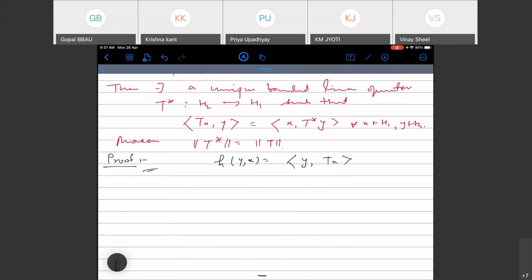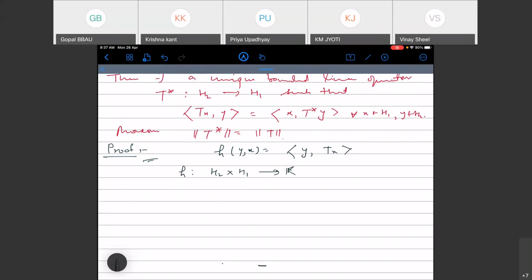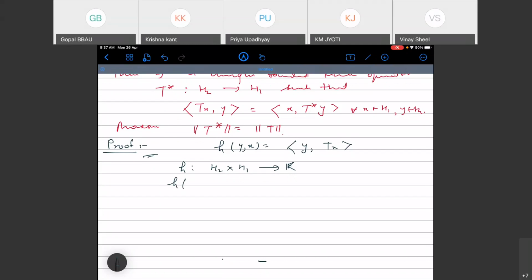So what we did here: we define h from H2 cross H1 to the field K by h(y, x) equal ⟨y, Tx⟩. And we are saying that h is sesquilinear. h is linear, and it is easy to see why this is so.